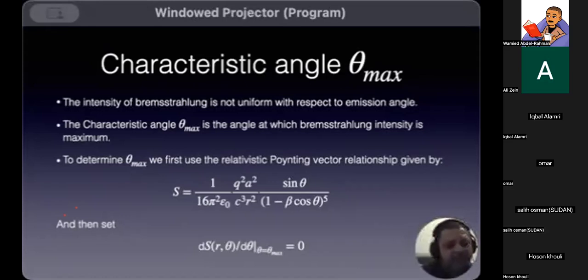The angles that make this derivative 0 are the characteristic angle. So we differentiate with respect to theta, and then we find the solution of theta such that this derivative of S is equal to 0.